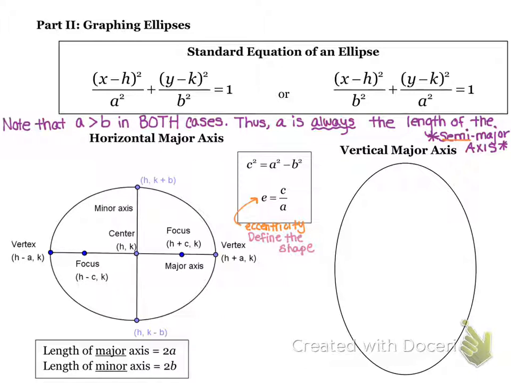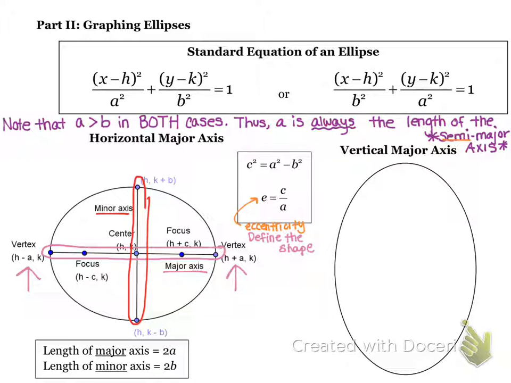So if a is greater than b, then that's why we have our left and right axes bigger than our up and down axes. So right here, this is called the major axis. And we know it's the major one versus our vertical, which is our minor, because a is underneath the h value and h is right here, the x, okay?